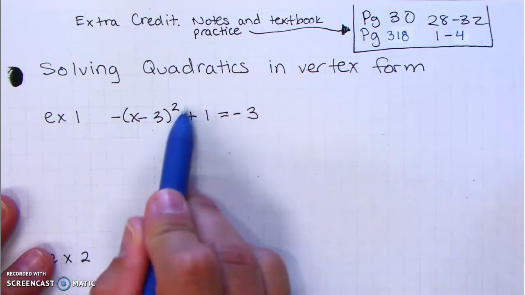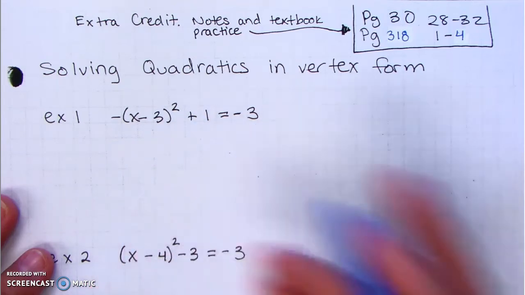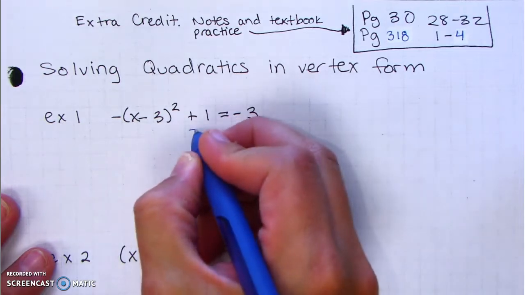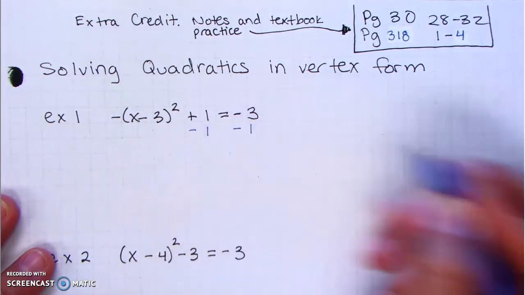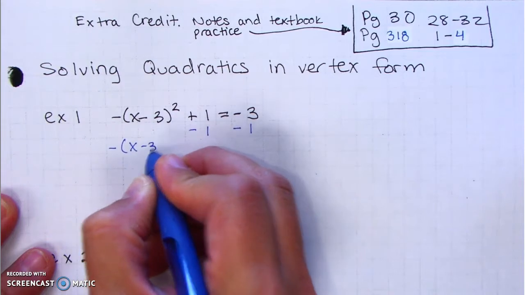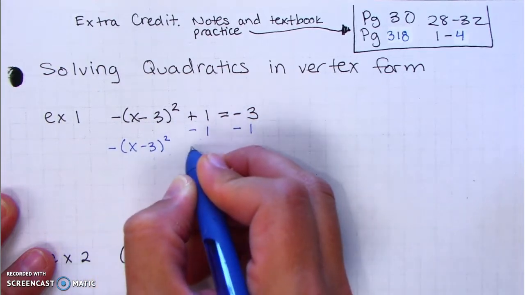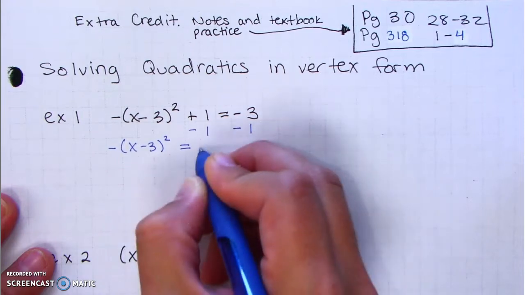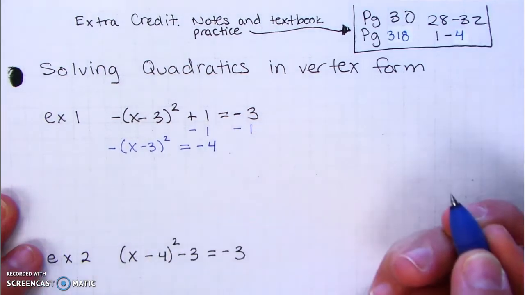We need to move this 1 to the other side by subtracting it. So we're going to subtract 1 from both sides of the equation. So now we have negative (x - 3) squared equals -3 minus 1 more is -4.